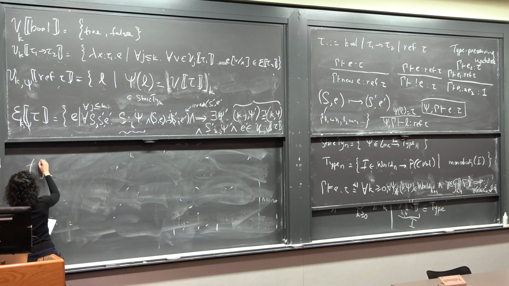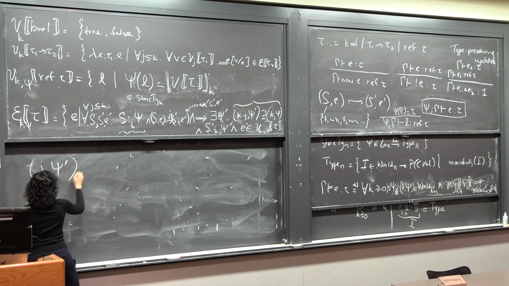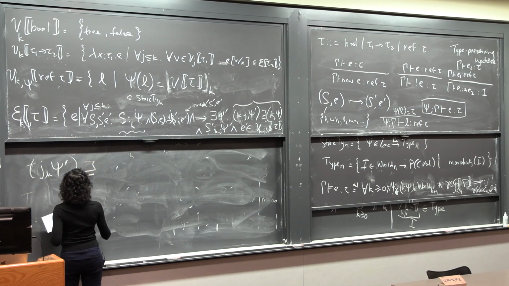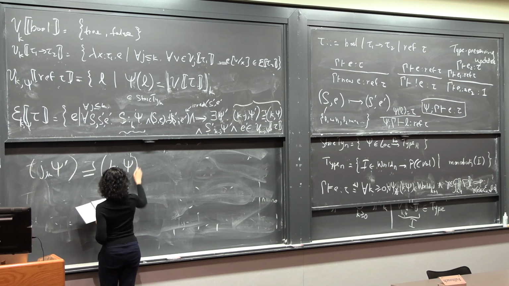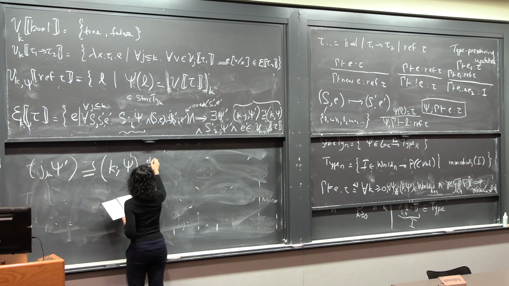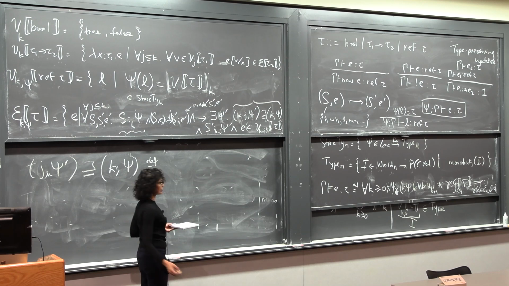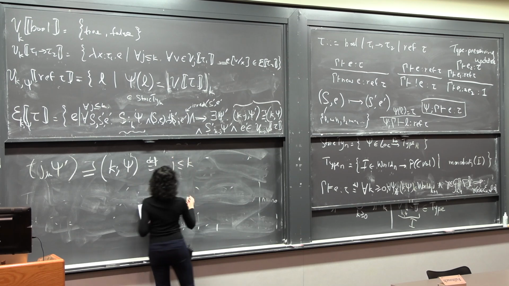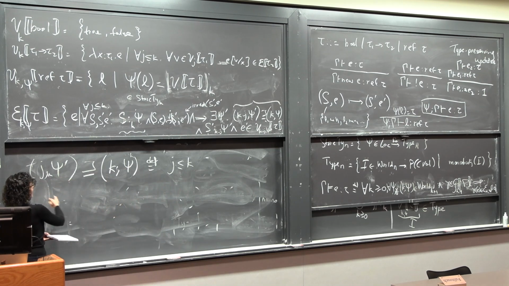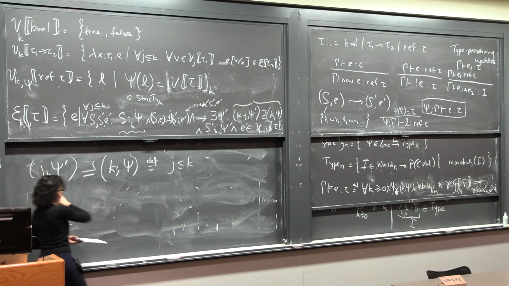All right. Some j psi prime is a valid future world of a current k psi if all the things that I was saying in English, we're just going to turn them into math. If j is less than or equal to k, because in the future you can have the same or fewer steps, but you can't have more steps, right?